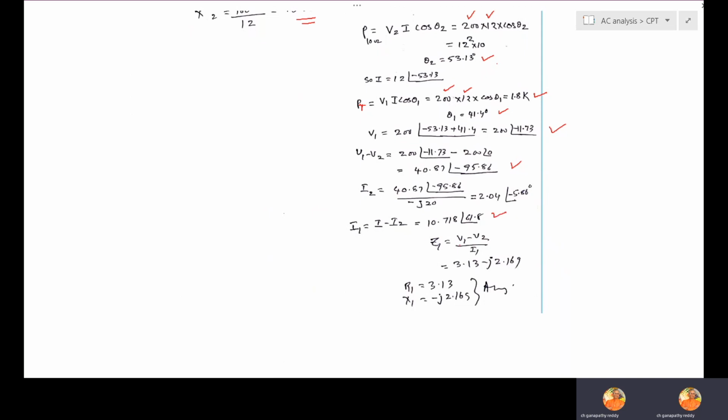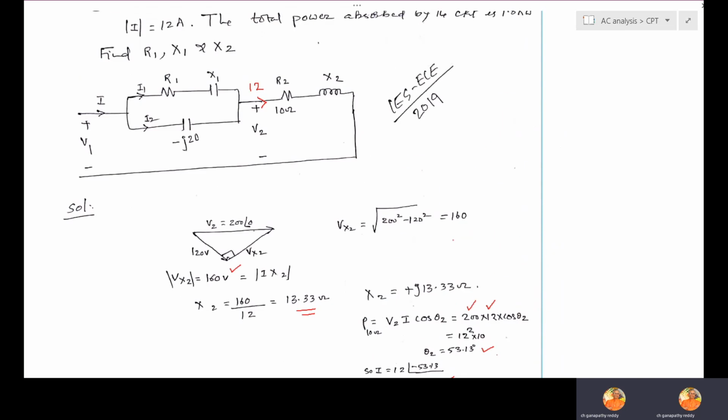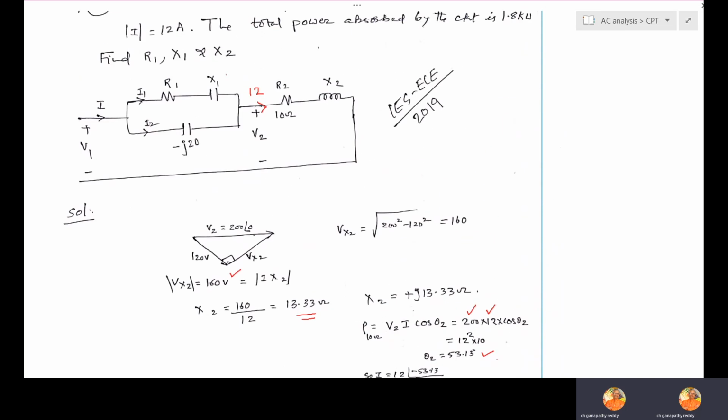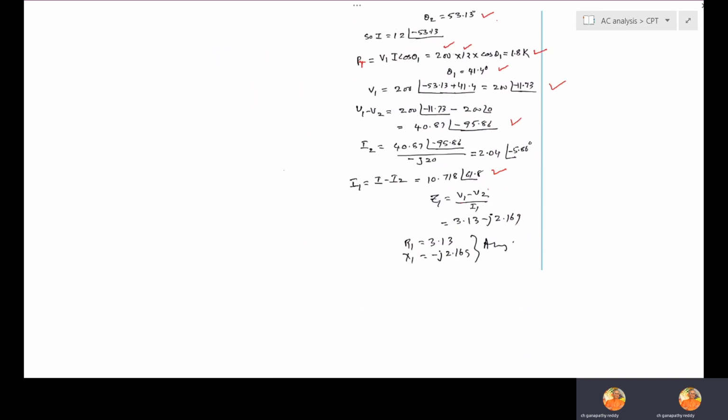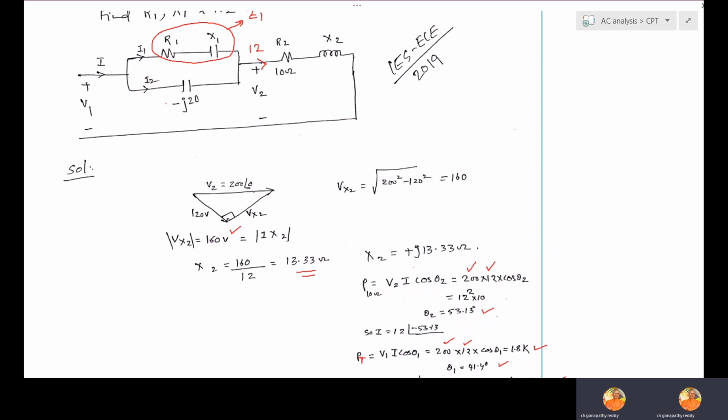Then Z1 is V1 minus V2 divided by I1, the potential difference by current. This Z1 will contain R1 and X1. It is a lengthy problem.